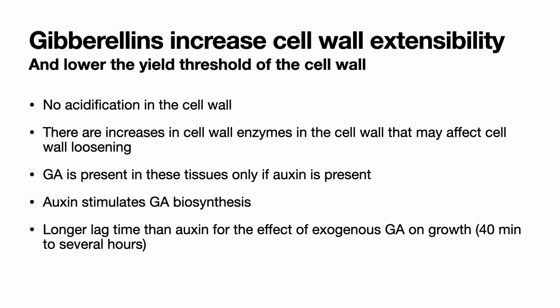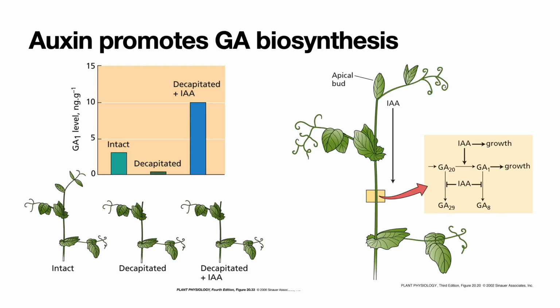What is interesting is that the presence of auxin is necessary for GA-induced growth, and auxin stimulates GA biosynthesis. Again, note that GA effects on growth take much more time than auxin-induced growth. Here are a couple of figures showing the impact of auxin, or IAA, on gibberellin concentrations.